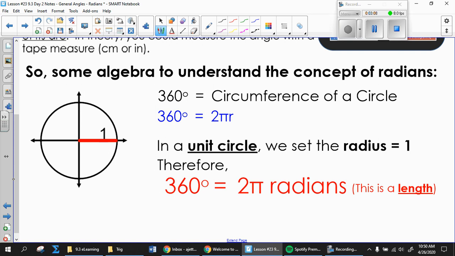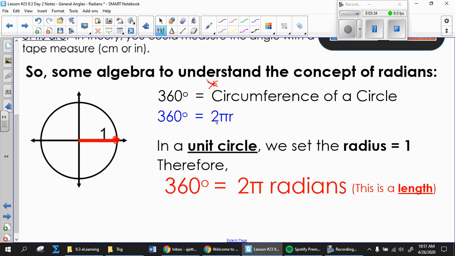First of all, we know that when we're talking about degrees, a full circle is 360 degrees. When we're talking about radians, we're talking about this outside arc here, starting here and going all the way around the outside of the circle. In radians, going all the way around the outside of the circle is just the circumference.